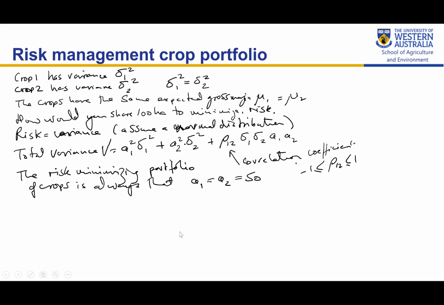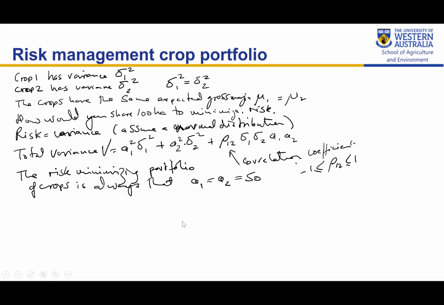Now, the interesting result from this is that the risk minimizing portfolio, that is the variance minimizing portfolio, is always where the area of crop 1 is equal to the area of crop 2, and if there's 100 hectares to plant, it's equal to 50.